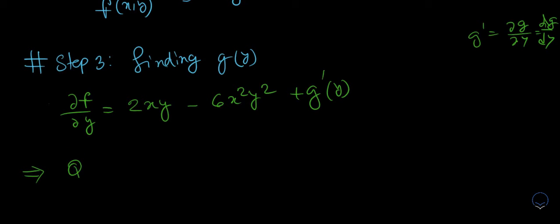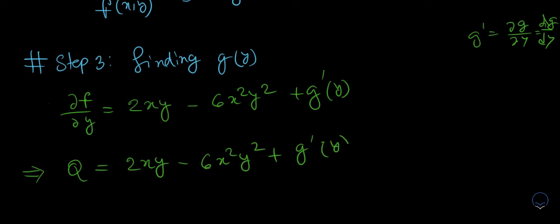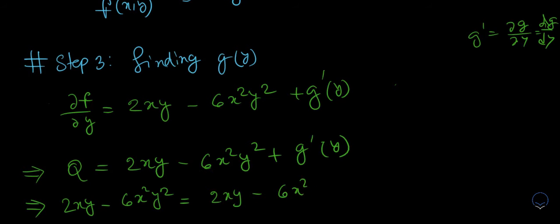So let me just write down this whole thing explicitly so it is easy for you to understand. Q was 2xy minus 6x squared y squared, and this is equal to 2xy minus 6x squared y squared plus g prime of y.